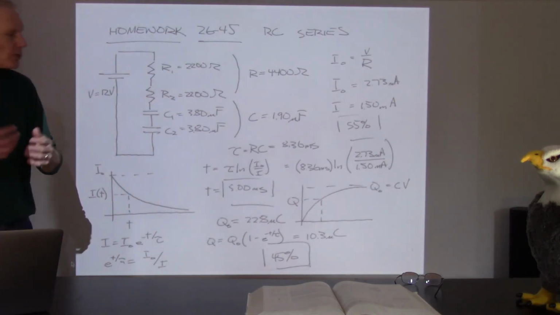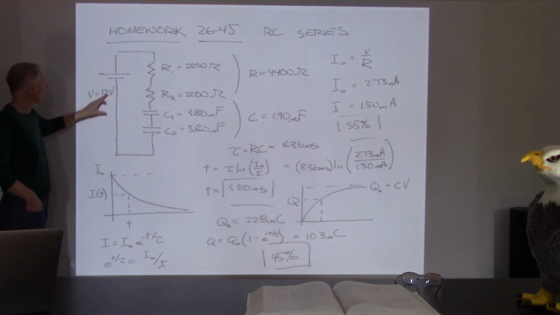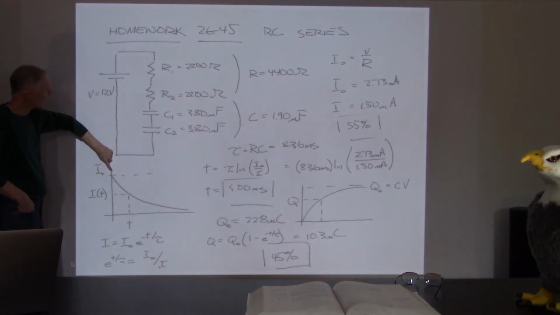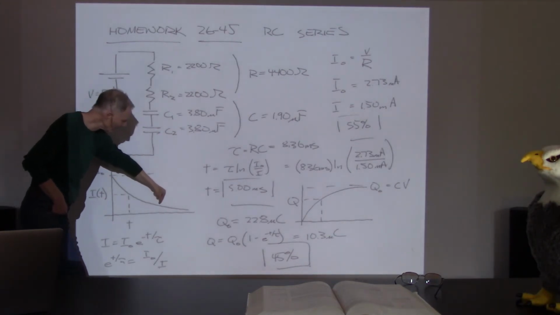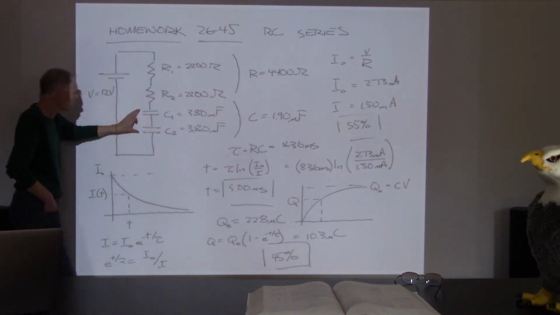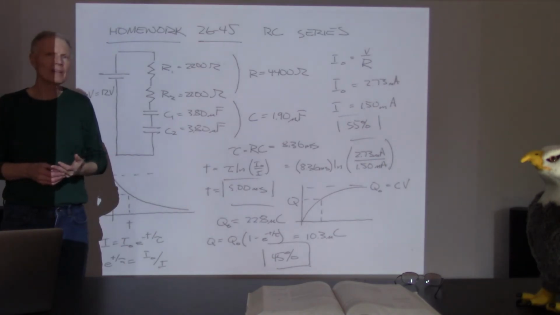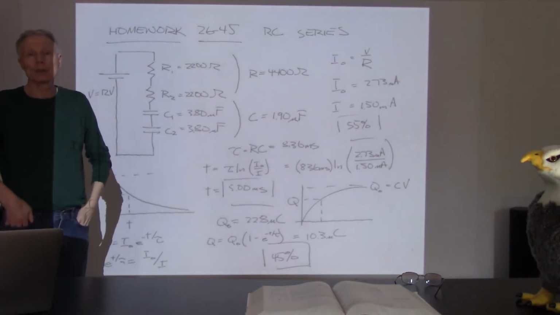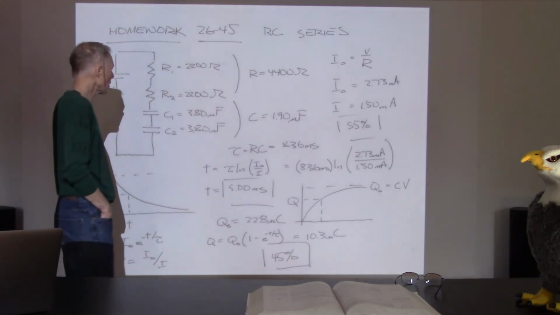We've looked at these RC circuits, and what we know is if I have a battery in place and I close the switch, the current starts off really high, and then as the capacitors charge, the current drops off and eventually everything shuts down. Once all the voltage is across the capacitors, the current's not going to flow anymore. Things are going to stop operating.